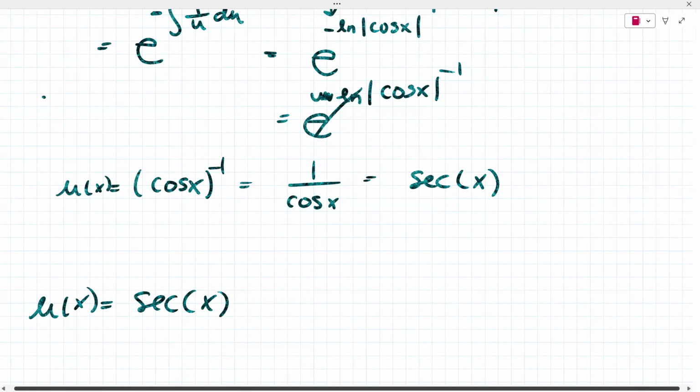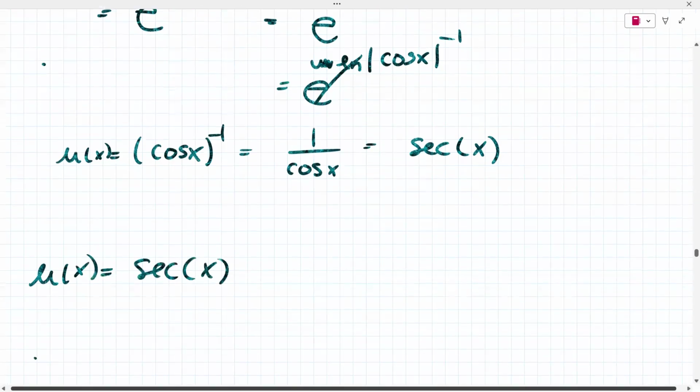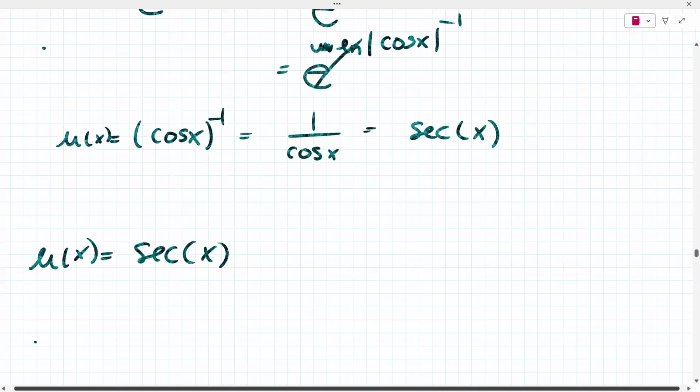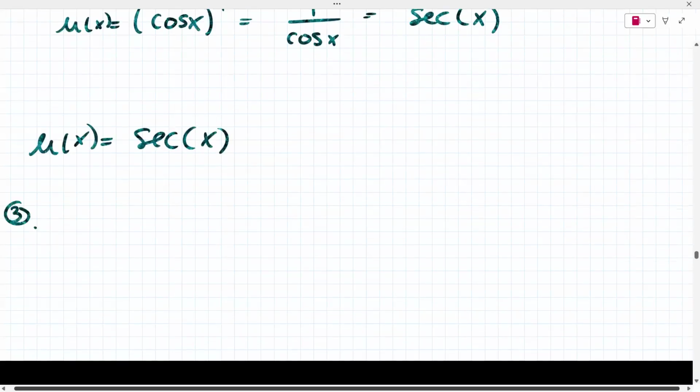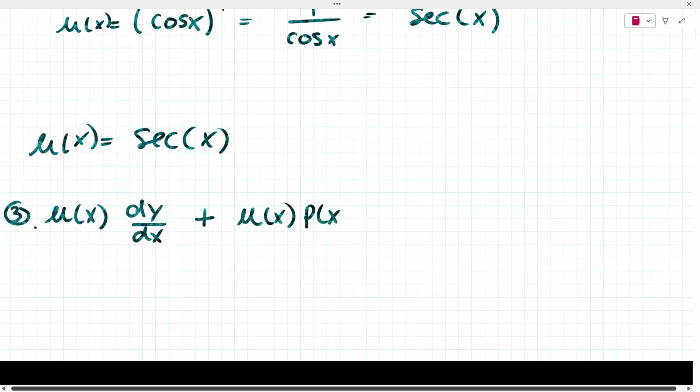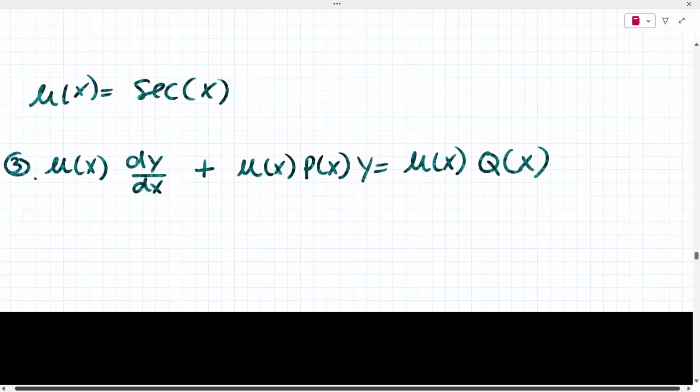Okay, well, what I do next is, now we've found our mu. Now step 3, multiply everything by mu of x. So our mu of x is secant of x.